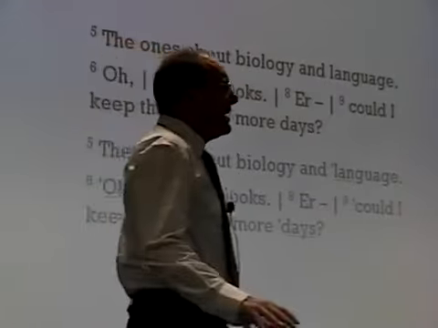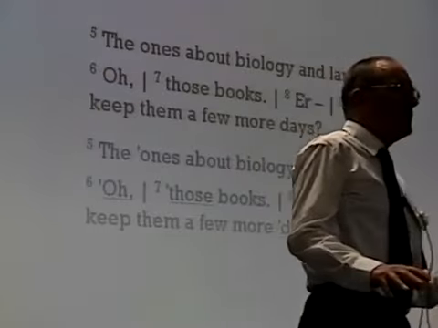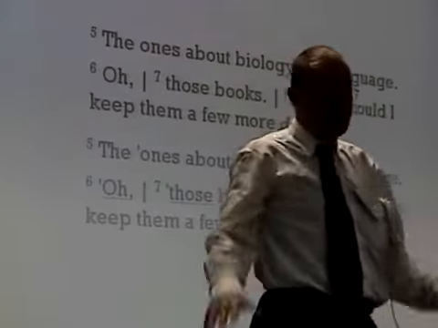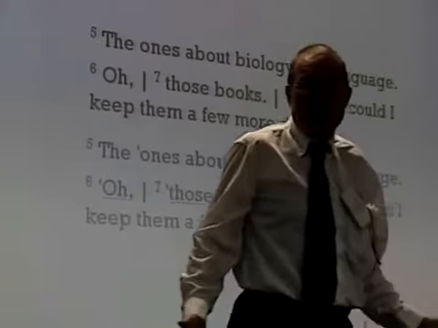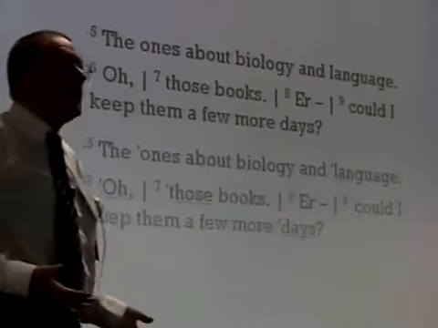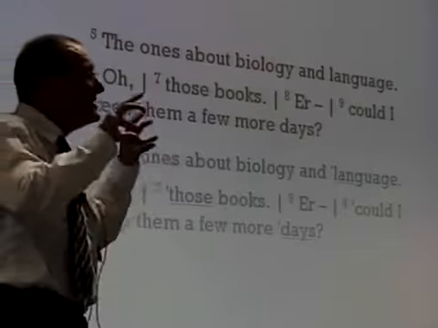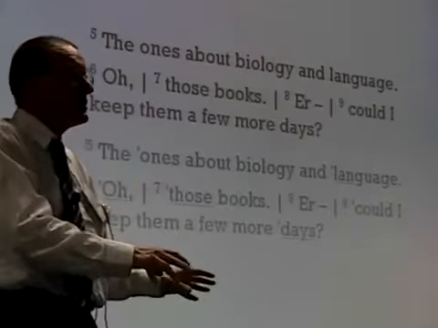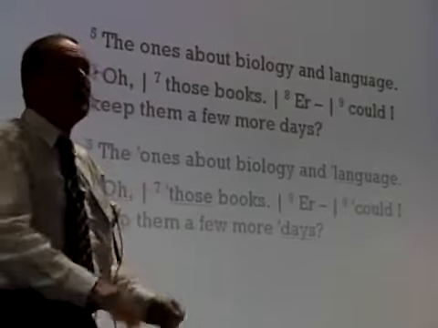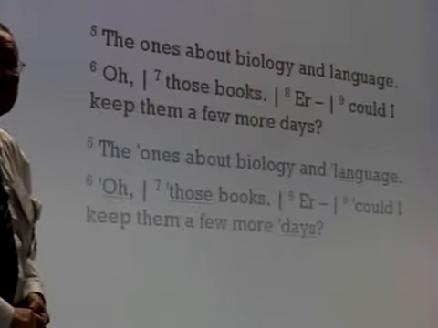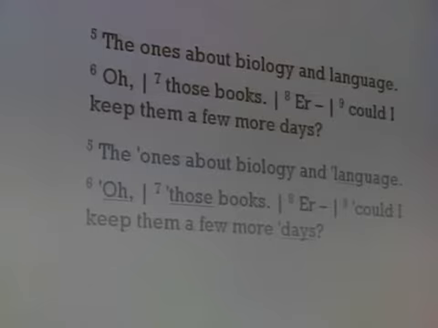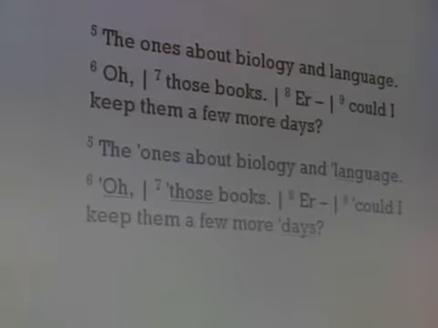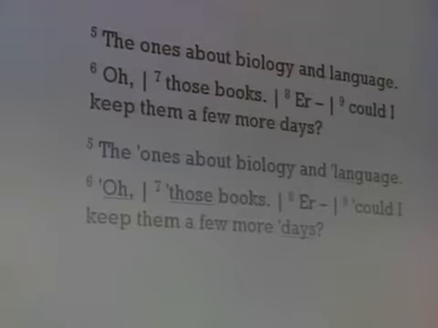Well, a fall is the basic tone we use to make a definitive statement. It's the way we make a straightforward assertion. So you can regard the fall as being the default tone, the unmarked tone, the neutral tone for statements. It's appropriate here. The ones about biology and language.